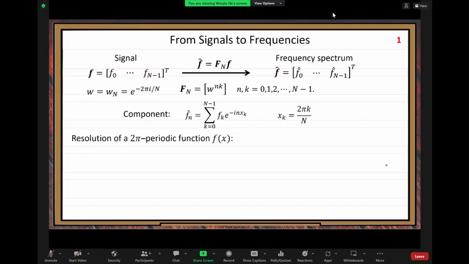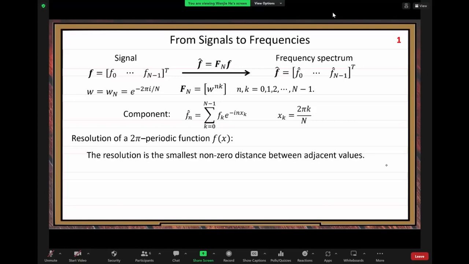Here, there is a concept called the resolution of a 2 pi periodic function of x. This resolution means this: the resolution is the smallest non-zero distance between adjacent values.